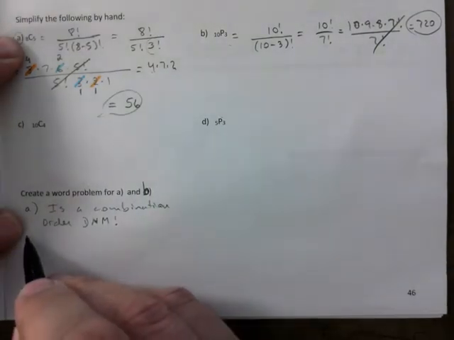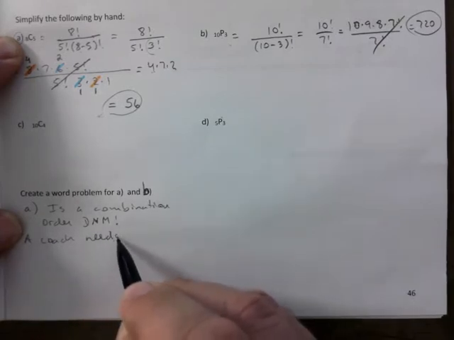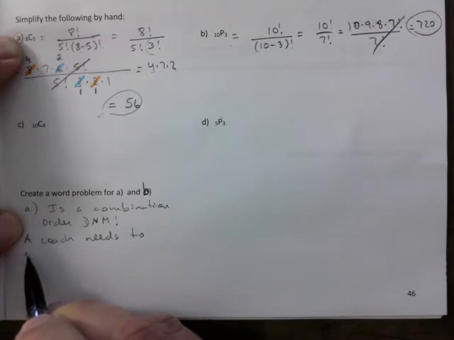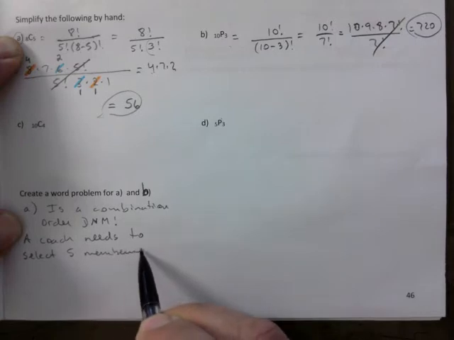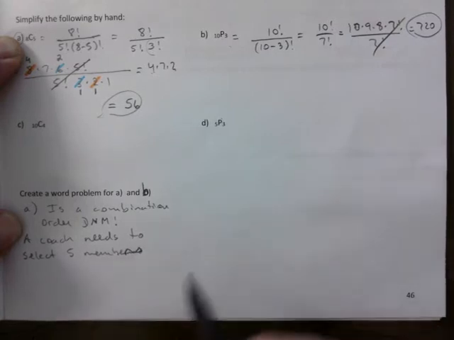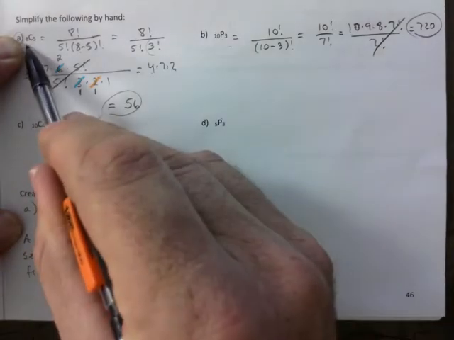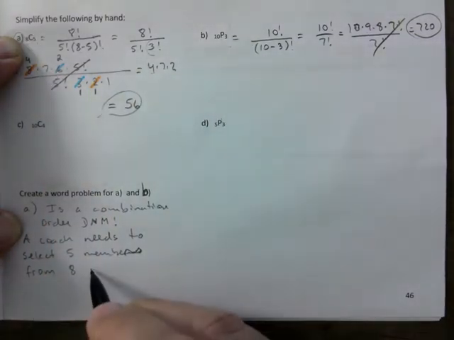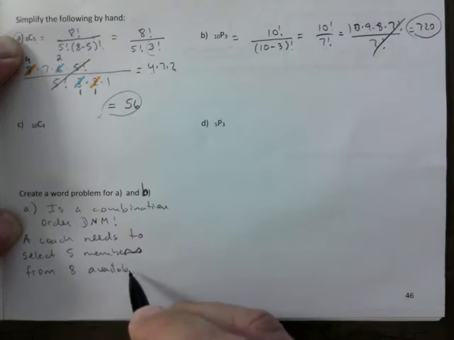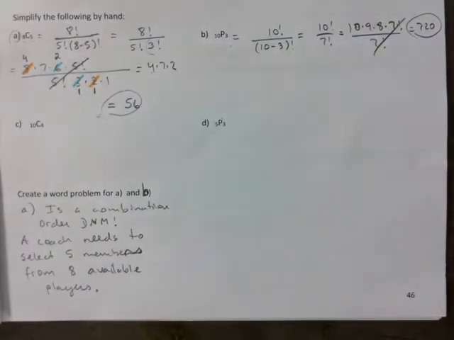A coach needs to select 5 members from 8, right? You have 8 available candidates and just 5 make the team from 8 available players. Okay, so that's how you would word it.